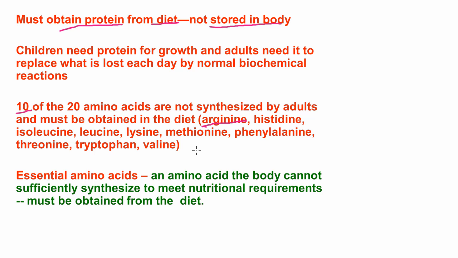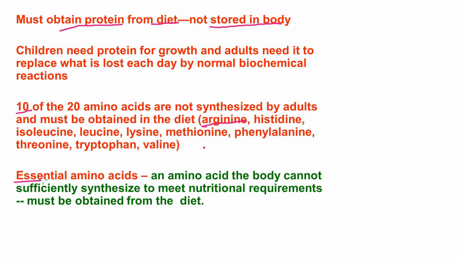So we talk about complete proteins. A complete protein contains all of the amino acids. So meats would be complete proteins. A vegetarian has to balance their protein. They have to make sure that they get all of the amino acids from their diet.